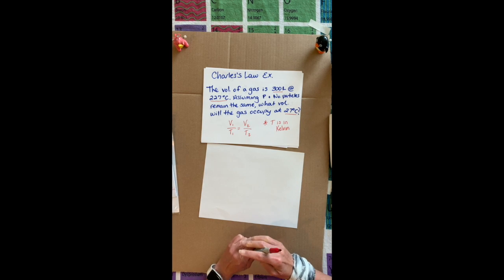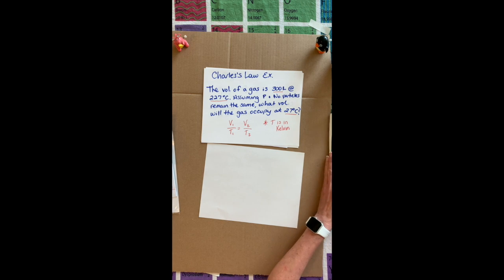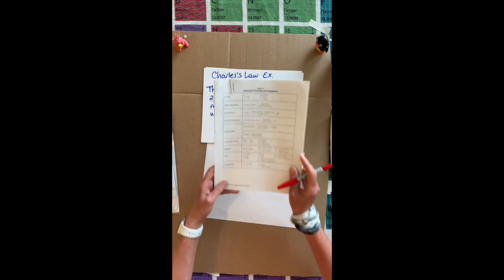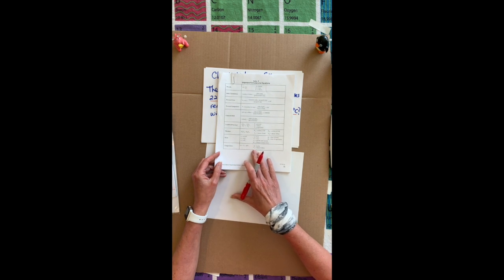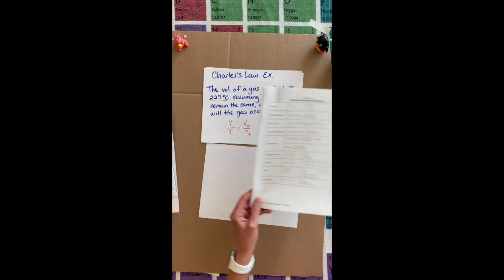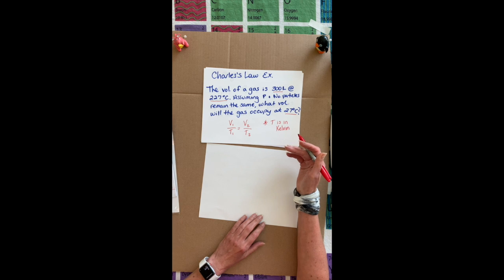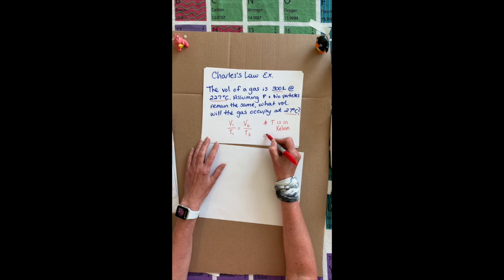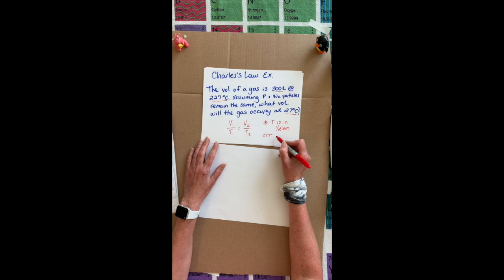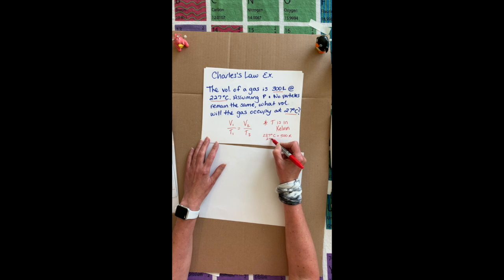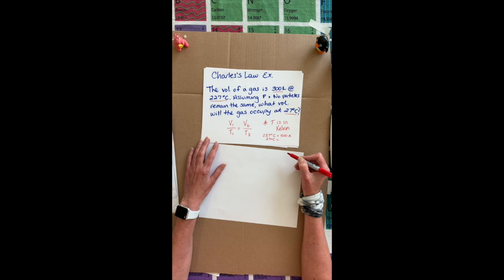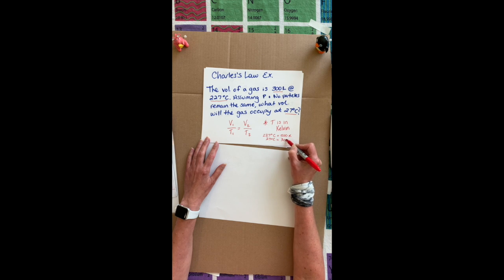In this example, they've got it in Celsius, so you need to convert Celsius to Kelvin. I'd like to remind you that in Table T of your reference tables, we've got that right here. So you will note that 227 degrees Celsius is going to equal 500 Kelvin, and 27 degrees Celsius is going to equal 300 Kelvin.